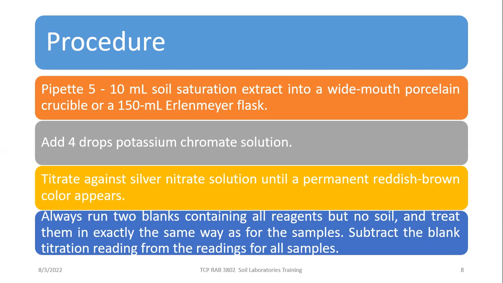Of course, you have to run a blank containing all reagents but without extract from the soil, and treat it in the same way as the sample. So that when you come to the calculation, you will subtract the blank titration reading from the reading for all samples.